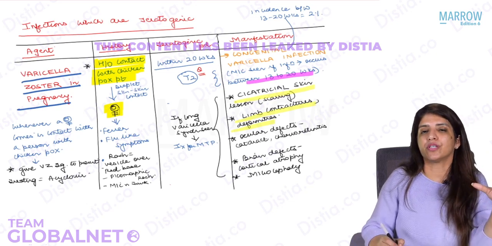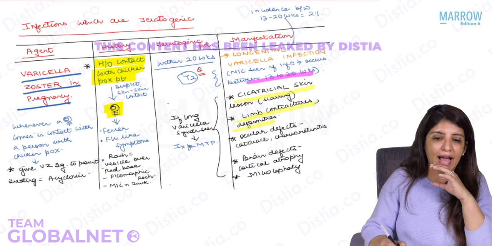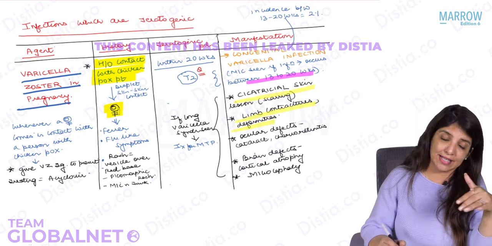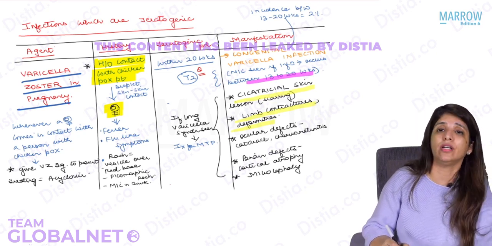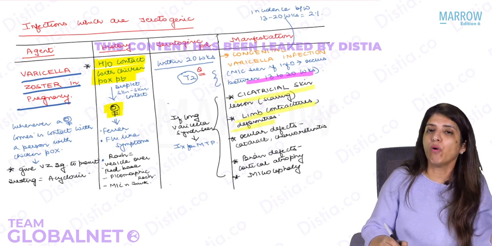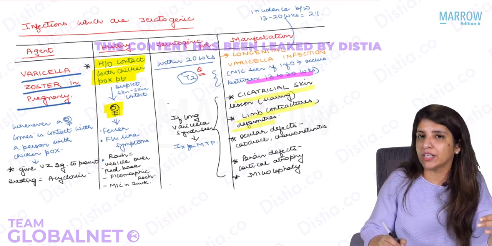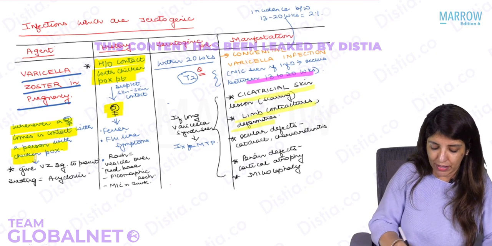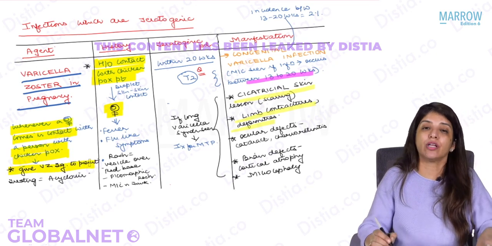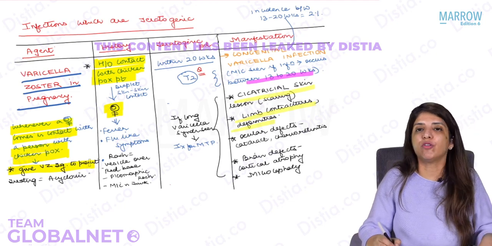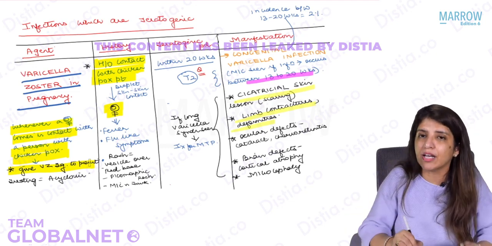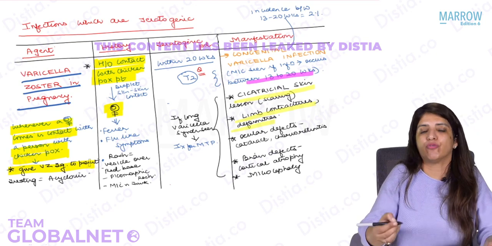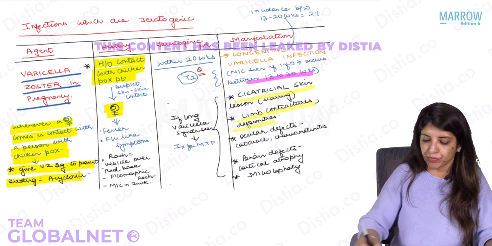Now, suppose there is a pregnant female who does not have varicella just now, but she has come in contact with a person who had chickenpox. How can you prevent her from getting chickenpox? You can prevent this by giving her varicella zoster immunoglobulin. And if the pregnant female has developed chickenpox, then the drug of choice is acyclovir, right?